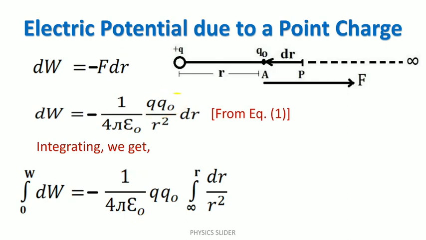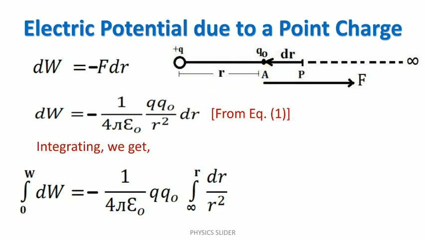Q and Q naught are constants, we have taken as it is, and R is varying. That's why we have taken dr over R square within the integration, and we are integrating from infinity to R because we are bringing the charge from infinity to the distance R, that is at the point A.